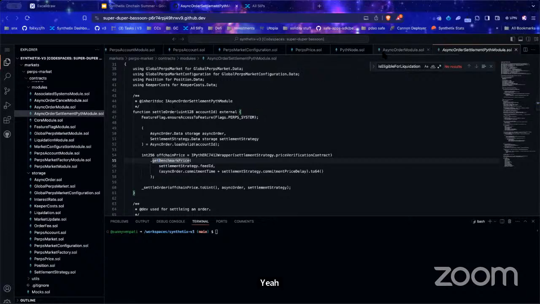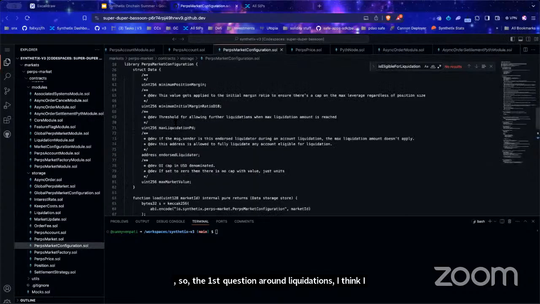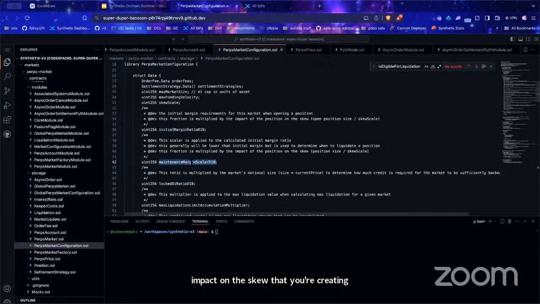Yeah, so the first question around liquidations, I think I answered that one, which is basically it's all determined based on your required margin. Think about how big your position size is, how much the impact on the skew that you're creating is, and then you multiply that by your initial or your maintenance margin ratio, which is really just a factor of your initial margin.